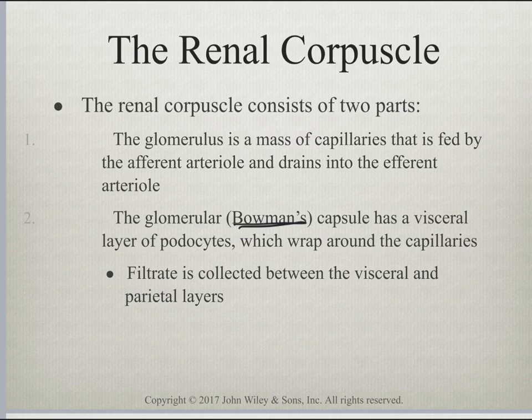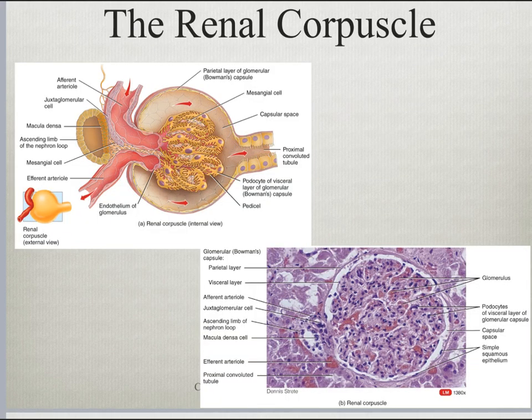And again, if you go back to the capillary lecture, we talked about fenestrated capillaries, and the example we used was inside the kidneys, inside the renal corpuscle. So the glomerulus is a mass of fenestrated capillaries. It's fed by that afferent arteriole that we just outlined, it serves its function to filter the blood, and it drains into the efferent arteriole.